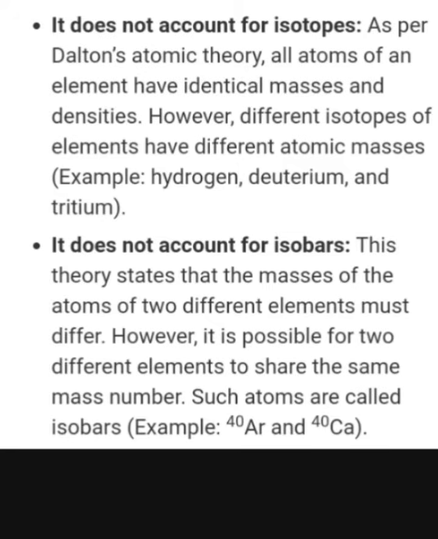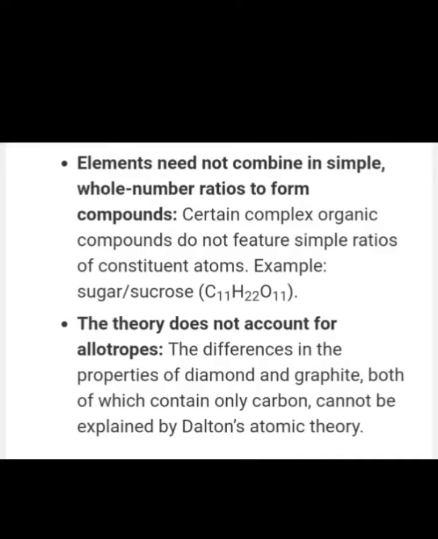Isobars. Examples are argon-40 and calcium-40. Now, let's look at other limitations of this theory. So please don't forget, two different elements with the same mass number but different atomic numbers are called isobars.